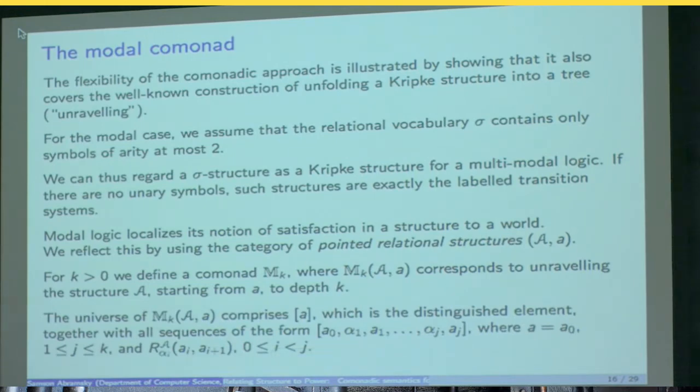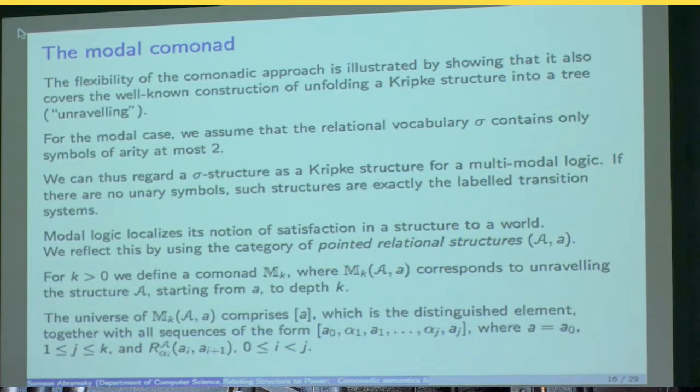And the universe will consist now, again, of sequences. So again, we're going to end up with a tree structure of some kind. The distinguished element is going to be the unit sequence of the thing we start off from. And then we're going to look at sequences we can get by starting at this chosen element, taking some transition to another element, some transition to another element, and ending up somewhere where we're allowed to take no more than k steps, starting from the root element that we began with.